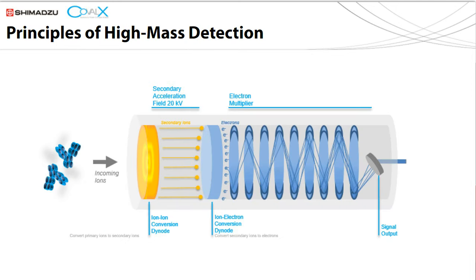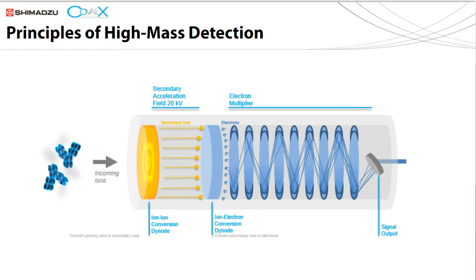In the OmegaTOF instruments, we utilize one of the Covalx high mass detectors, which are specifically designed to correct for as much as possible these issues of sensitivity and saturation, which we've been discussing.